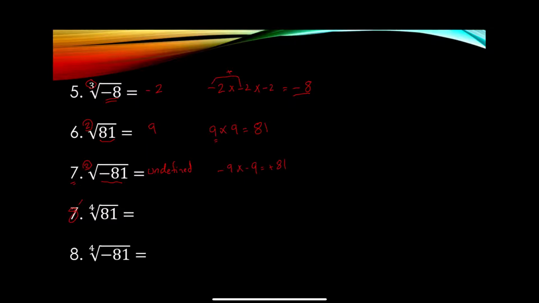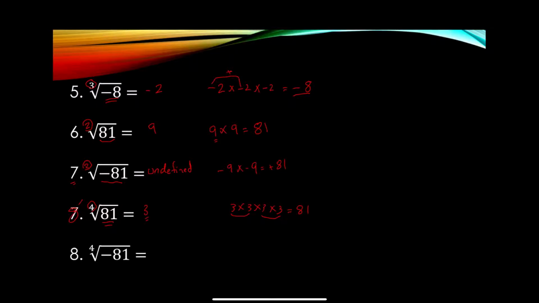What is the fourth root of 81? What's the number that we multiply by itself 4 times will give us 81? I assume that the answer is 3. Let's try. 3 times 3 times 3 times 3. This is 9, and this is 9. 9 times 9 is 81. So the answer is 3.